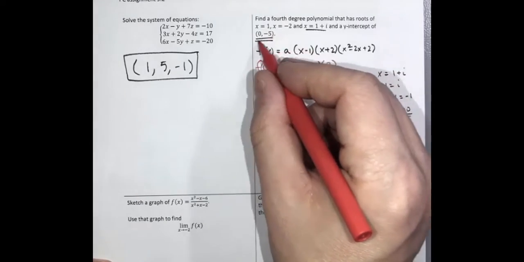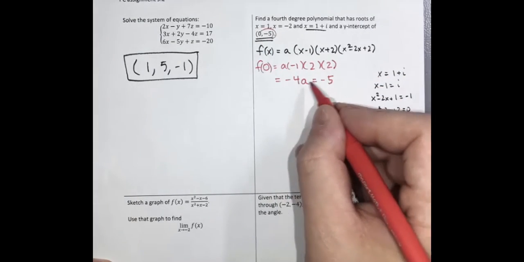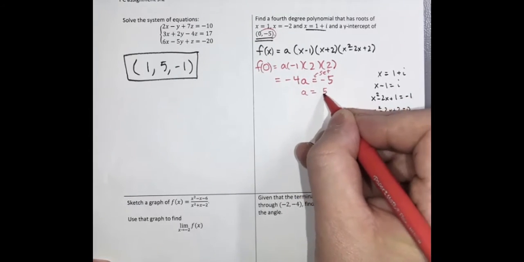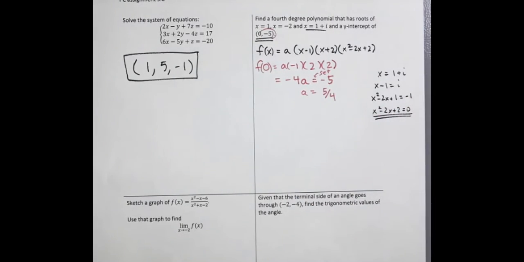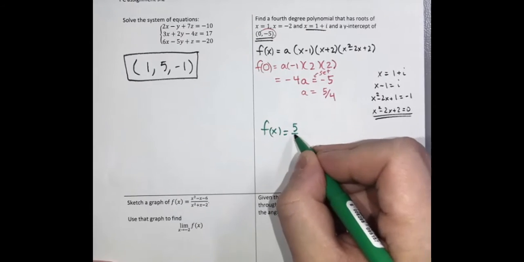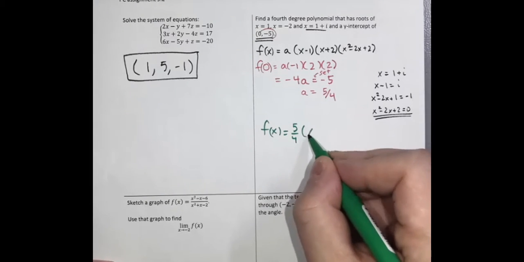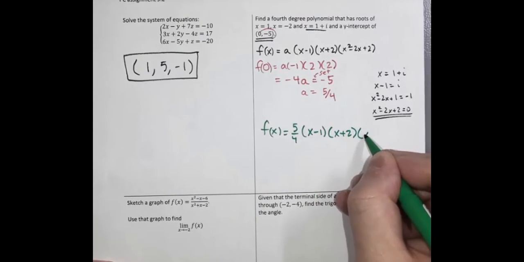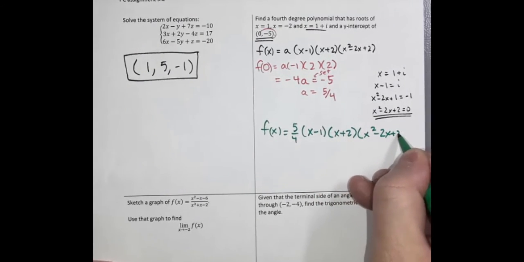So therefore, setting it equal to -5, a must be equal to 5/4. So the final answer, when all is told on this problem, would be f of x equals 5/4 times x minus 1, x plus 2, and then this x squared minus 2x plus 2.